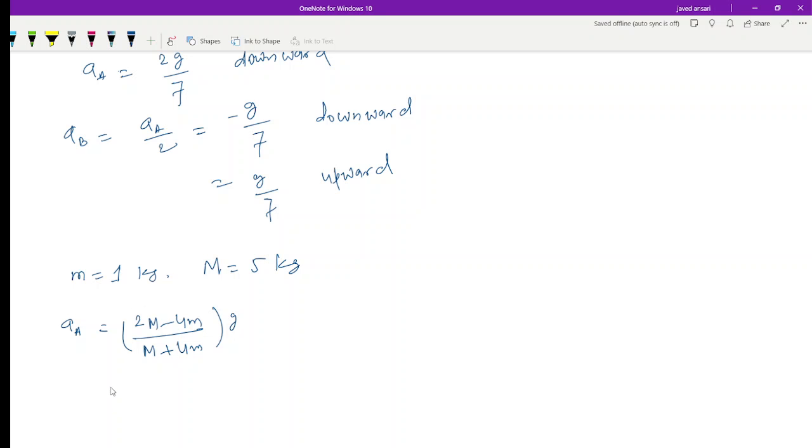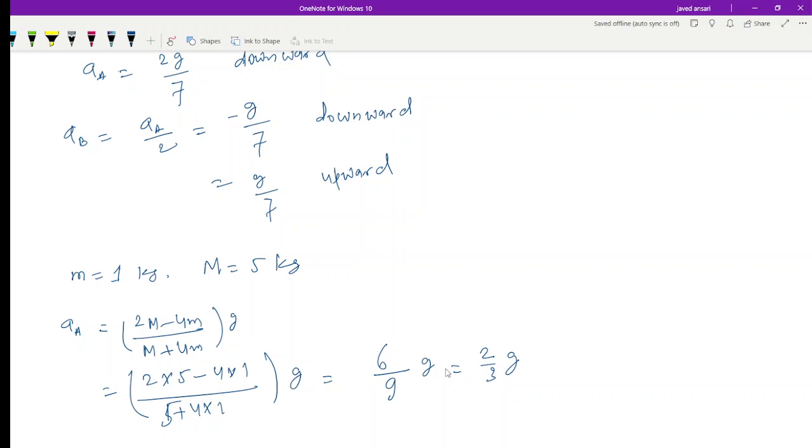So if you put these values, 2 times 5 minus 4 times 1, divided by 5 plus 4 times 1, into g. This is how much? 5 twos are 10 minus 4, 6 by 9 g, which is 2 by 3 g.